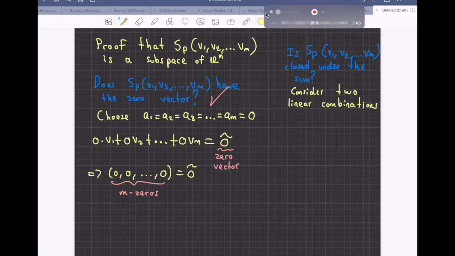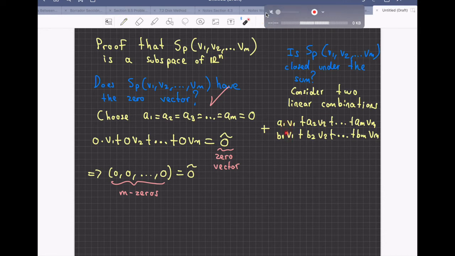For example, A1 B1 plus A2 B2, and so on up to AM BM, and another combination, C1 B1 plus C2 B2, and so on up to CM BM, and then do the sum. Notice I can factor the B1 from each.